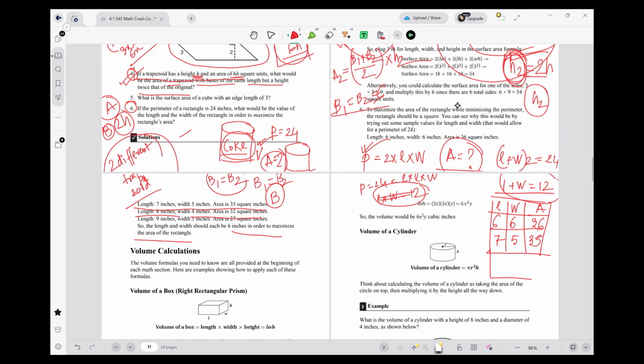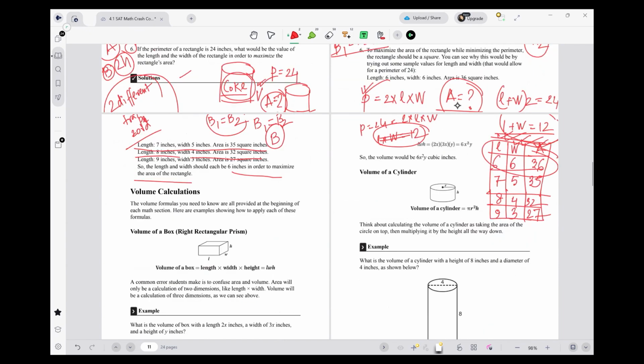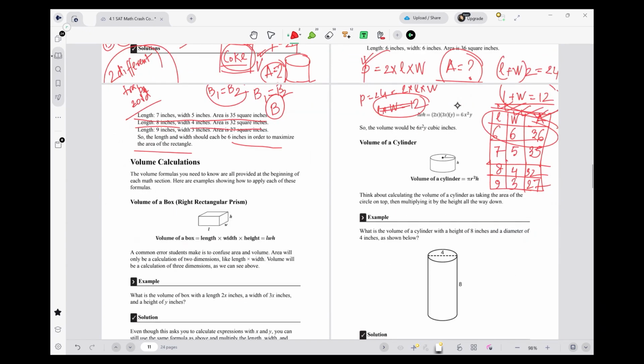When the length is 8 and the width is 4, it becomes 32. And when it becomes 9 and 3, it becomes 27. This is the length, this is the width, and this is the area. You got it, right? So the highest area that can be covered is basically 6 by 6: length equals 6 and the width equals 6.